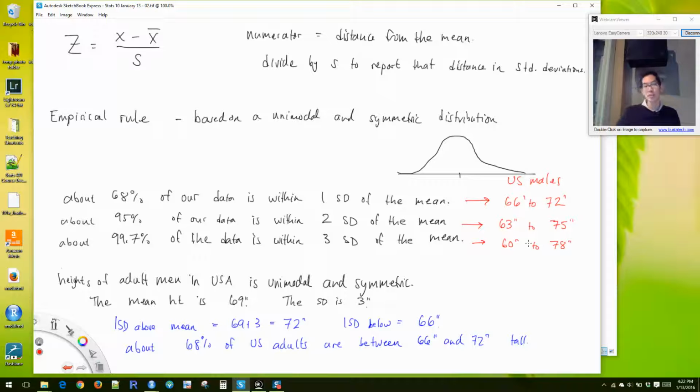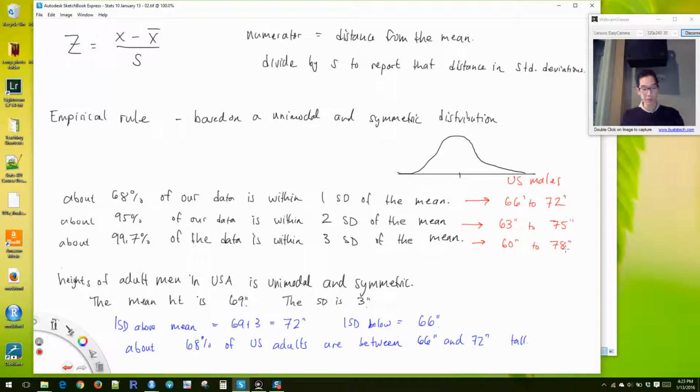And then, about 99.7%, so the vast majority, would be between 5 feet tall and 78 inches, which is 6'6". So almost all U.S. adult males are between 5 feet tall and 6'6".